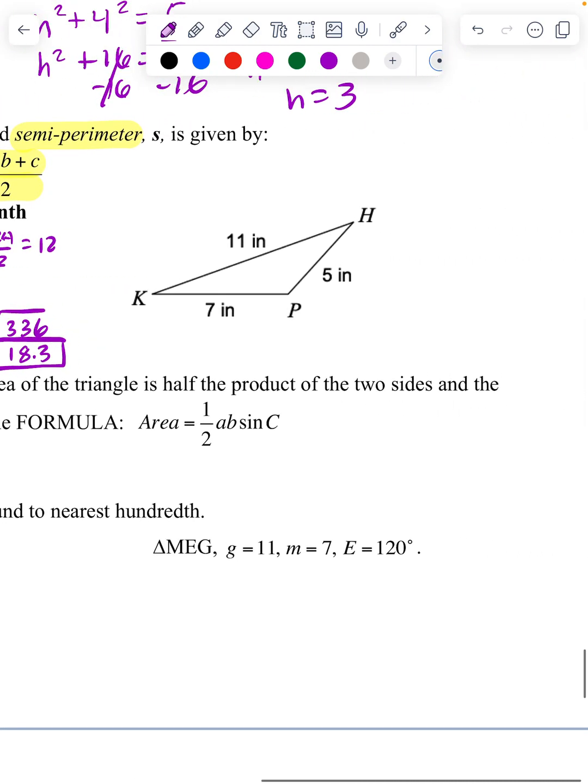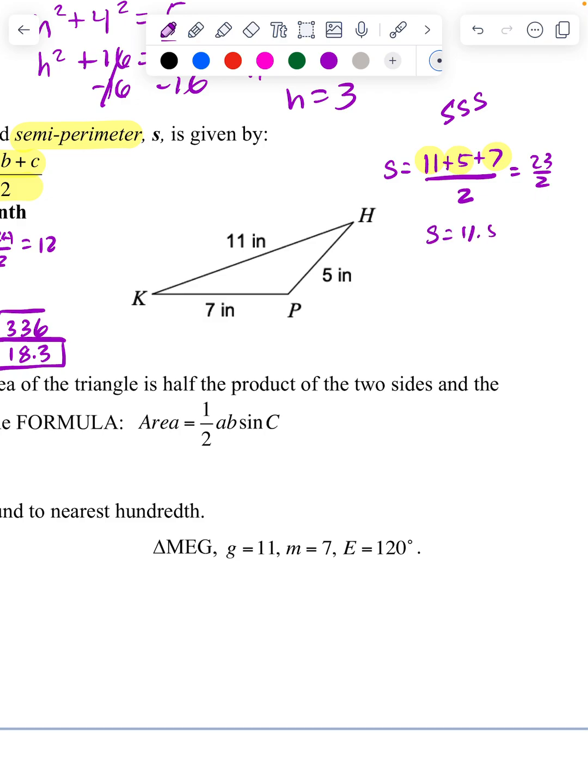Here again, I have my three sides, so my semi-perimeter is going to be 11 plus 5 plus 7 all over 2. Because the formula requires me to add up the three sides, I need to have that side information in order to use this formula. This one comes out to be 23 over 2, so my S is 11.5. So I've got my big square root, my 11.5, and then 11.5 minus each side length.